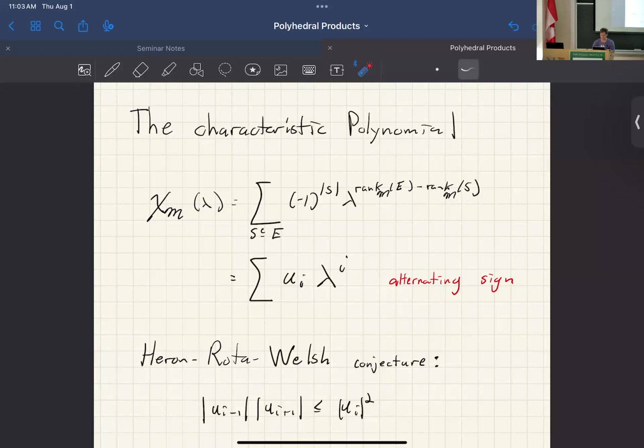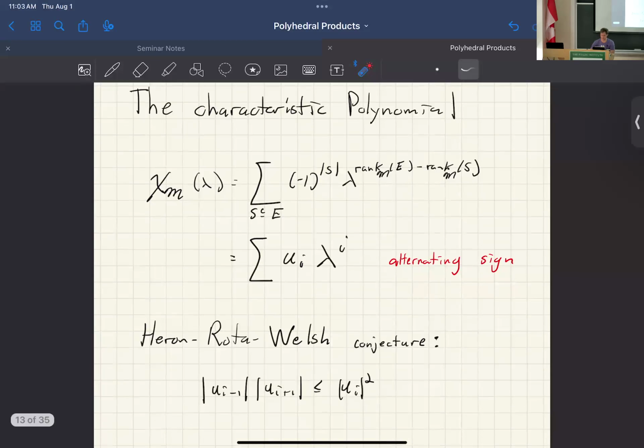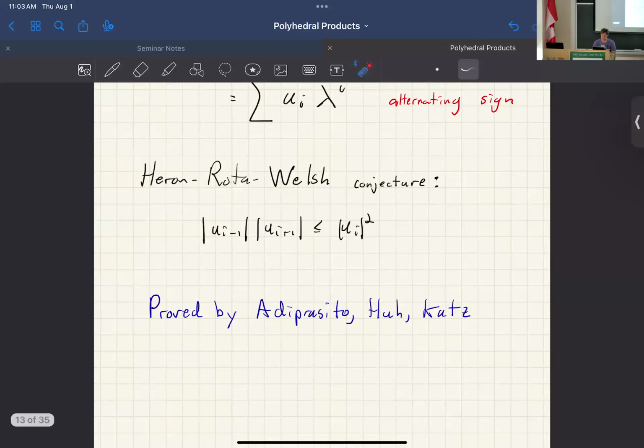The Heron-Rota-Welsh conjecture was that if you fix an index i and take the absolute value of the coefficient and square it, it will be bigger than the product of the absolute values of the one before and the one after. This is called log concavity. This was resolved by Adiprasito, Huh, and Katz, as a result of one of these ways of modeling a matroid with things from algebraic geometry.